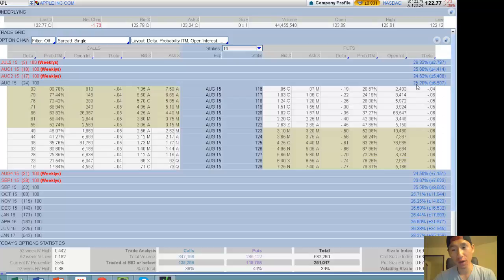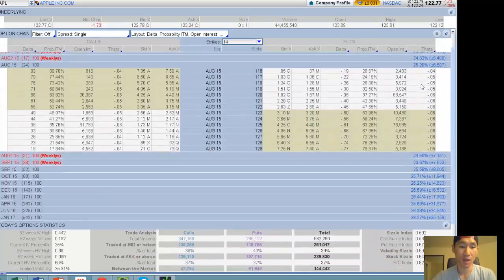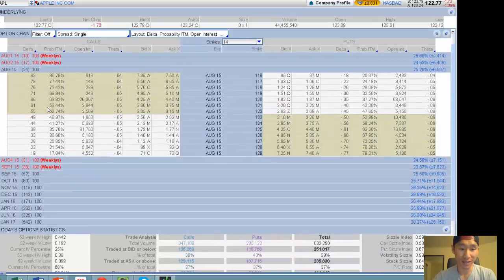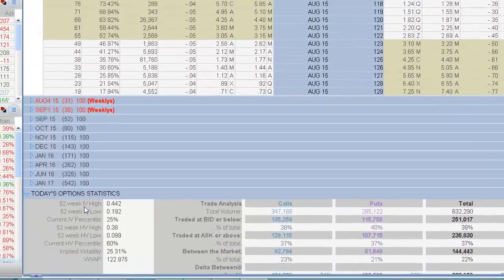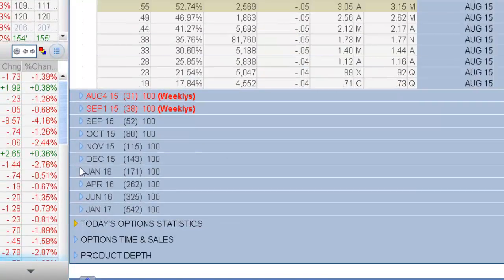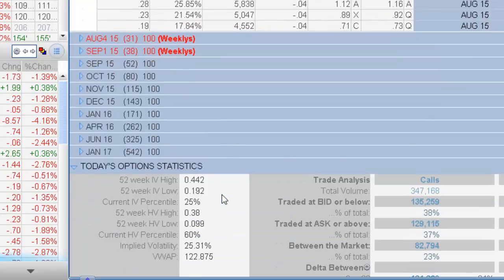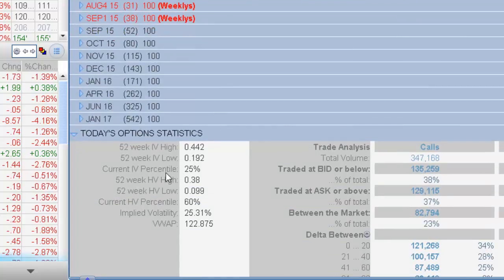However, this number of 25% doesn't have much meaning because it doesn't show us relative to previous times, because this IV can actually go above 100%. So one thing you can look at is, if you go down to the option statistics, you'll see IV percentile, which could also be known as IV rank.